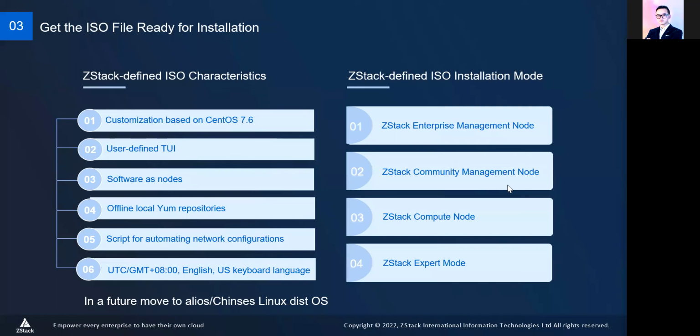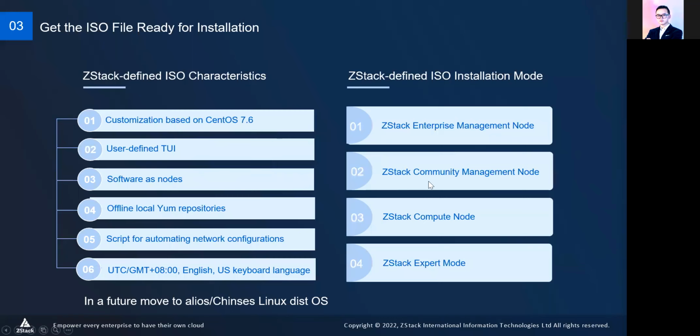Because we are open source, we have two versions: the enterprise version and the community version. The community version is free, but it does not support some advanced features like VMware or smart network cards. But it has no limits on the number of computing nodes.